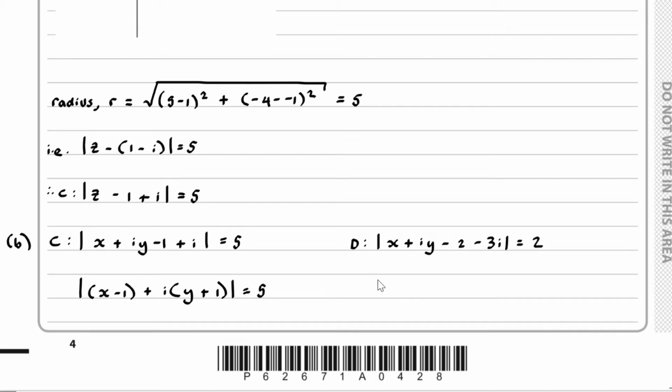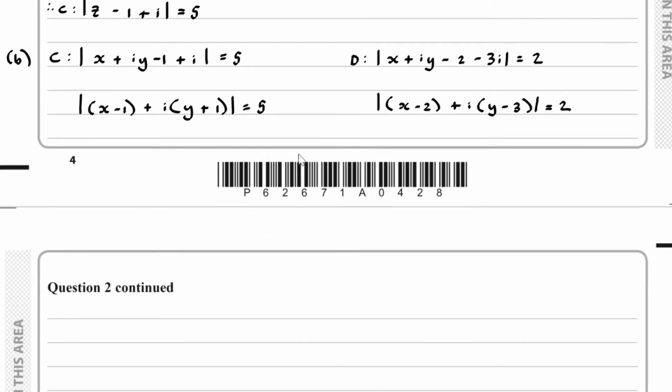And again, if we gather the real and imaginary parts separately, we've got x minus 2 plus i lots of y minus 3, and this is equal to 2.